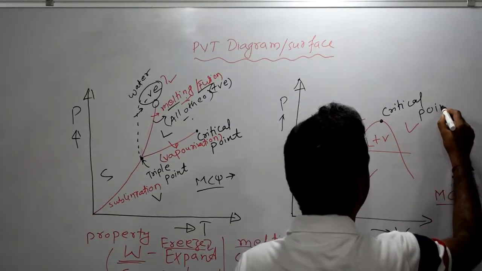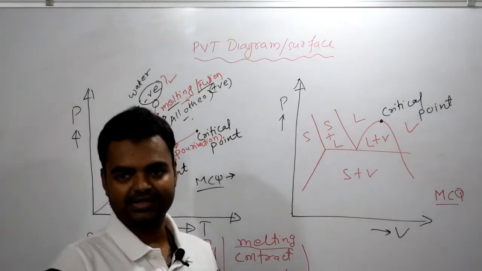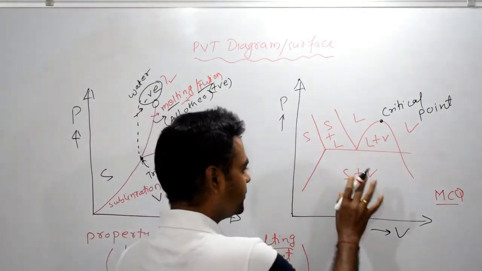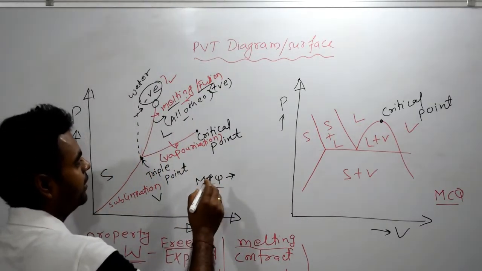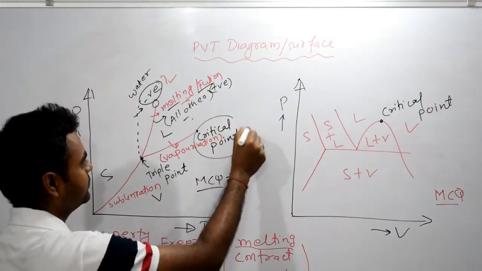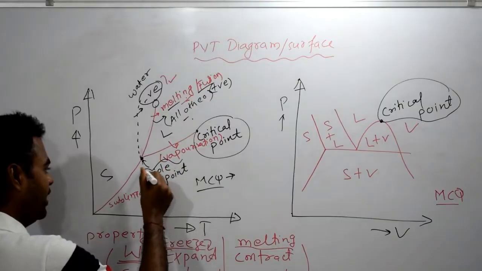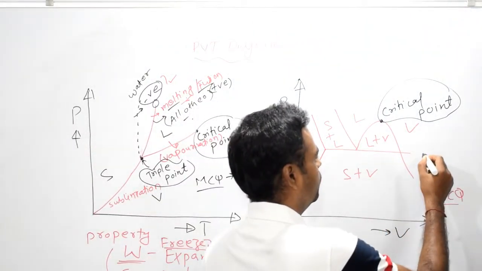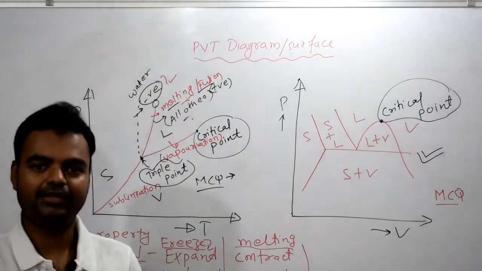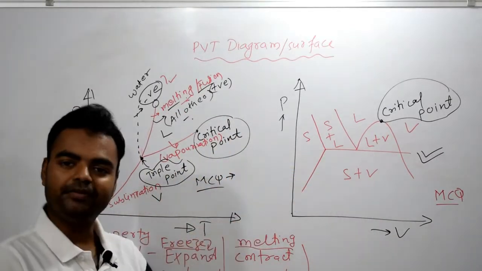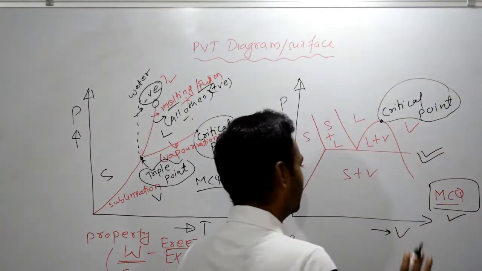Now here we have seen the critical point in case of PV, but where is the triple point? Which line or which point can we call the triple point on the PV diagram? They ask MCQ questions from this only.